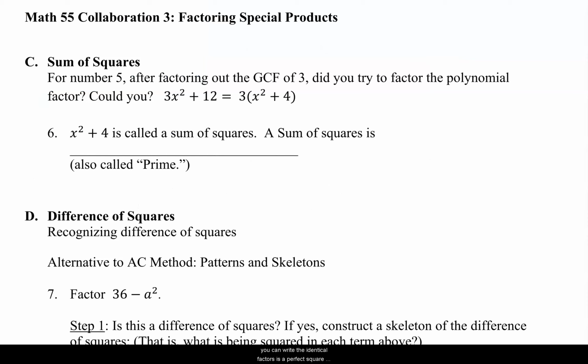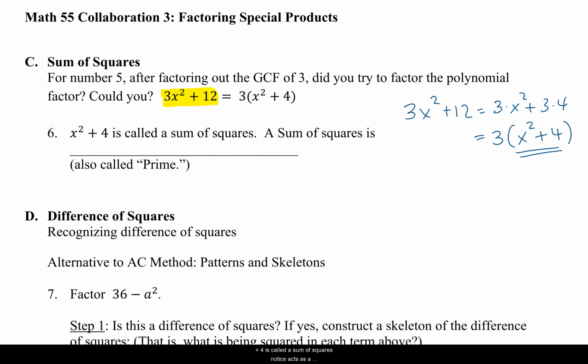Next up, factoring special products. If we take a look at the problem 3x squared plus 12, we factor the 3 out. Factor that common factor of 3, we end up with 3 times x squared plus 4. This factor, x squared plus 4, is called a sum of squares.